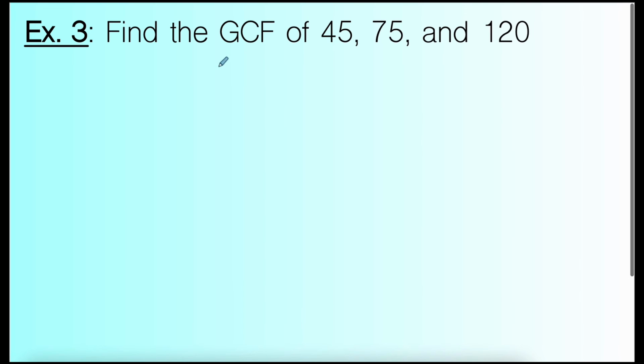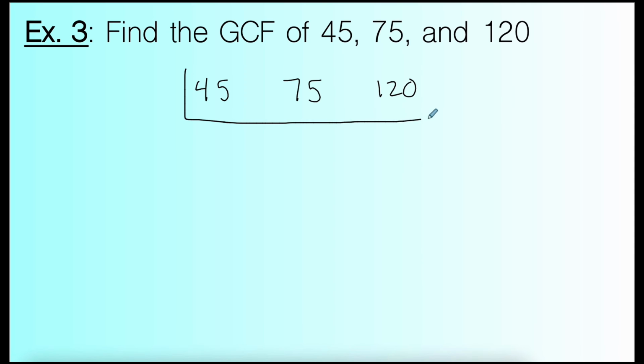We'll do one more example, and let's do one with 3 numbers. So find the greatest common factor of 45, 75, and 120. Doing this works the same way. Is there a number that can go into 45, 75, and 120? I notice that 5 can go into all of those, so 45 divided by 5 leaves me with 9. 75 divided by 5 leaves me with 15, and 120 divided by 5 leaves me with 24.